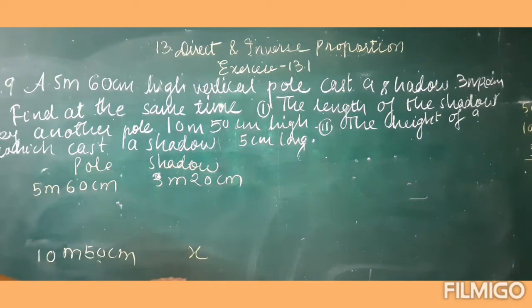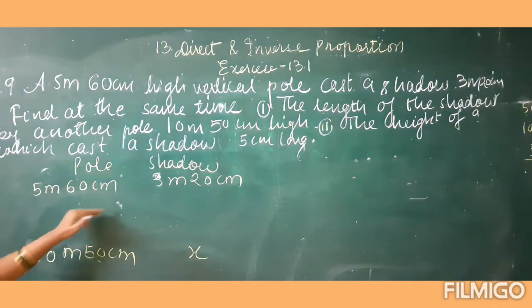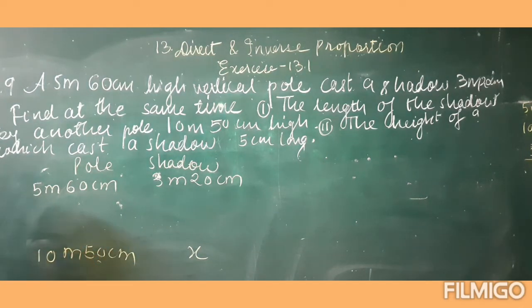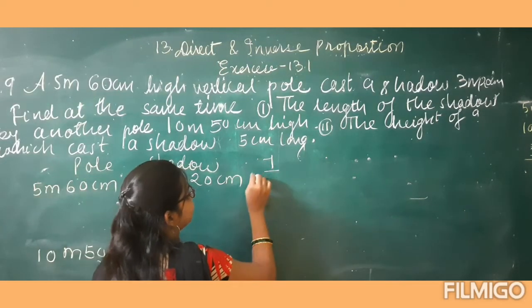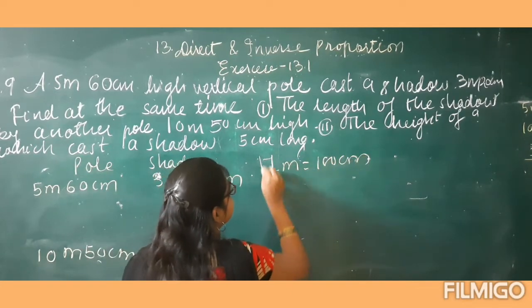Let the shadow of the another pole be x. So you write a statement like, let the shadow of the another pole be x. As you can see, all these are given in meter and centimeter. What we will do, we will convert this into meter, or you can convert it into centimeter. You know that 1 meter is equal to 100 centimeter.